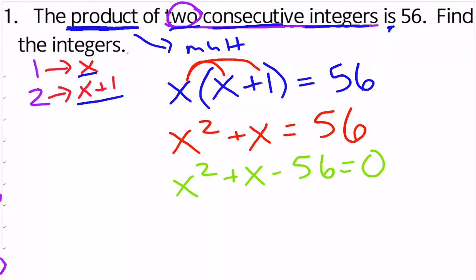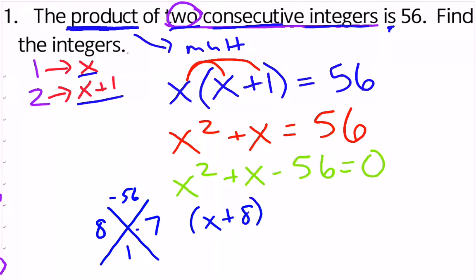So that means I need to use the x factor. So what multiplies to negative 56 and adds to 1? That would be 8 and 7, but the 7 is going to be negative. So I get x plus 8 times x minus 7 equals 0.